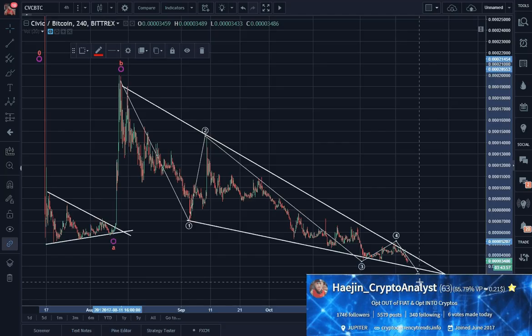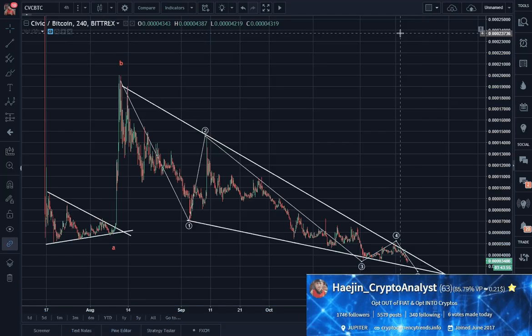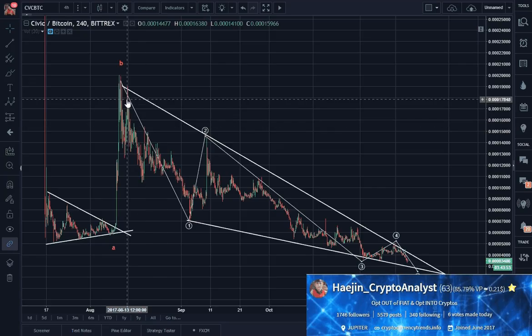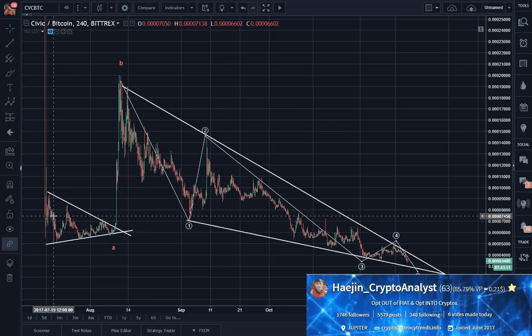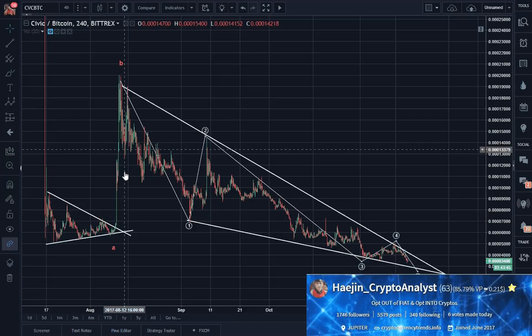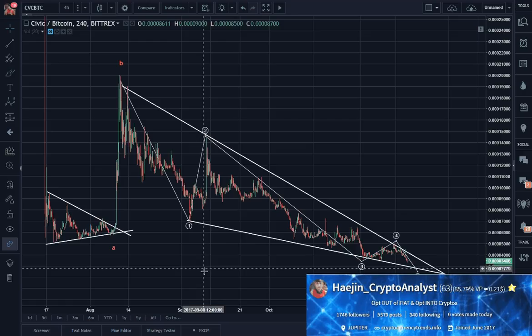Beautiful. What an opportunity. When is the best time to buy? Here? At the beginning of a correction? This would have been a beautiful buy, but the better buy is here. At the terminal end of a correction is the best time to buy.